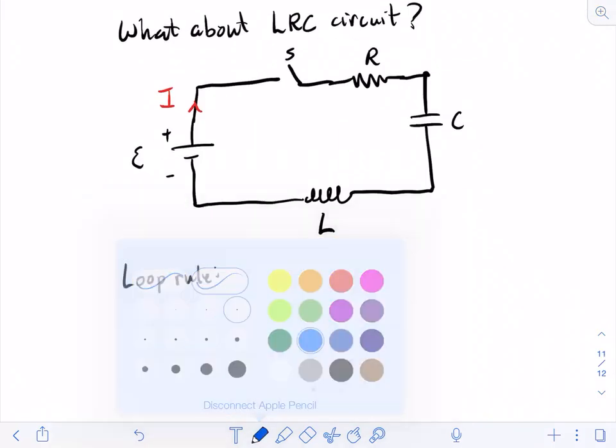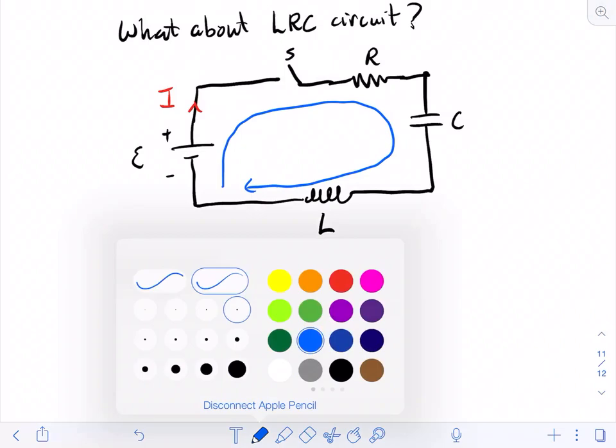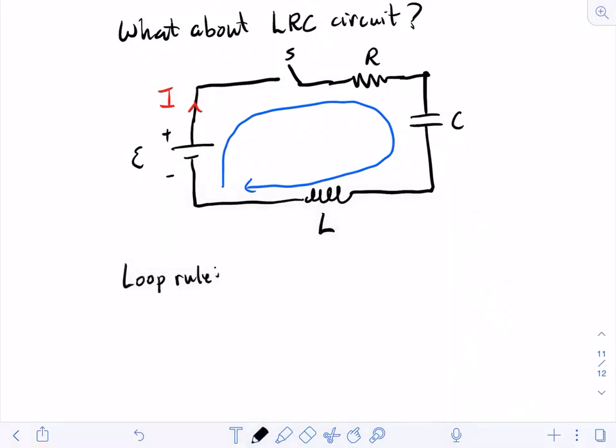If we do our loop like usual, start in the bottom left corner and do a full loop, the first thing we do is cross our battery and gain the EMF. Then we cross the resistor in the direction of the current. Then we cross our capacitor, and then we cross our inductor, and we get back to the starting point.